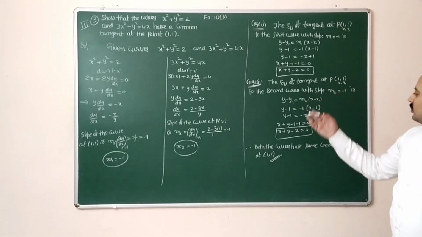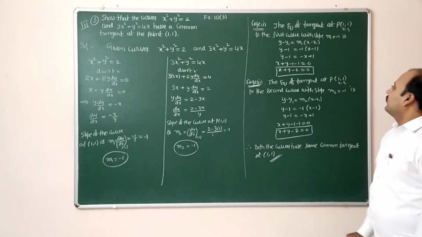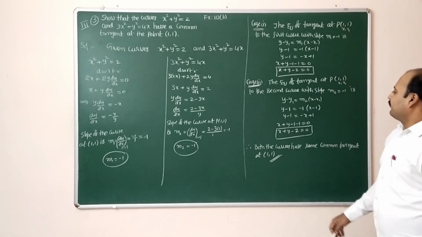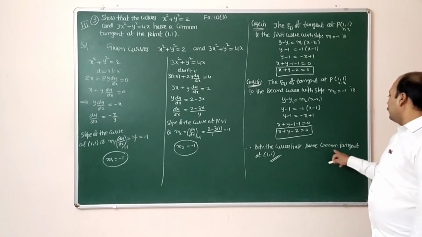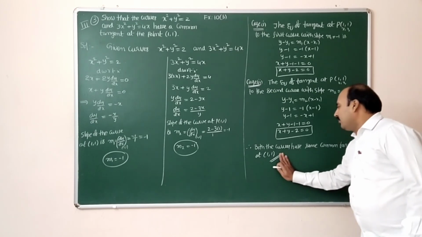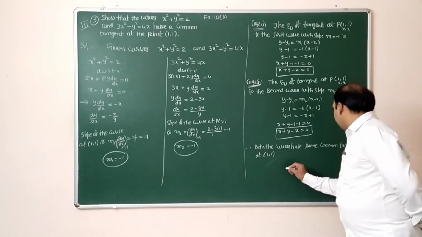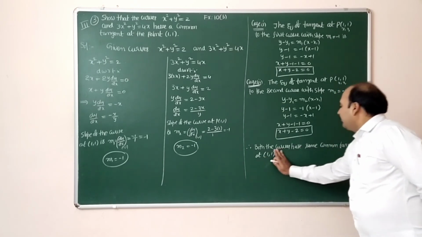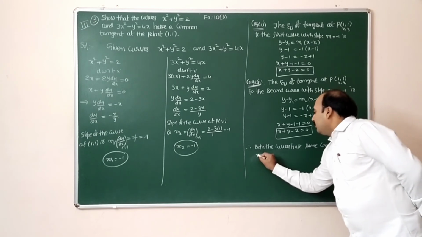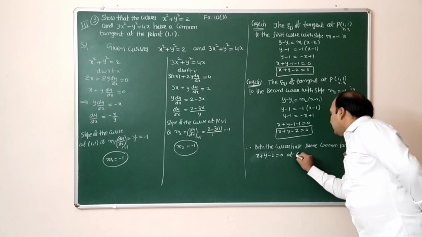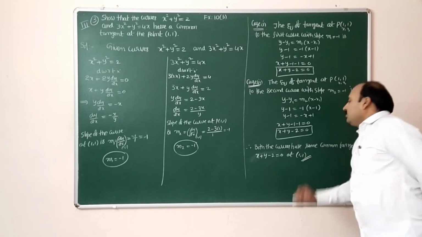They are asking to prove that, no, both the curves by observing this result as well as this result. Both the curves have same common tangent at 1 comma 1. You have to mention that equation. Tangent x plus y, better to write x plus y minus 2 equal to 0 at 1 comma 1. Hence proved.